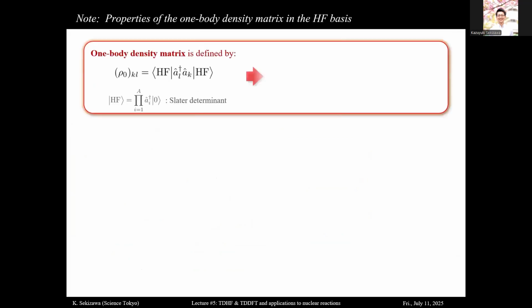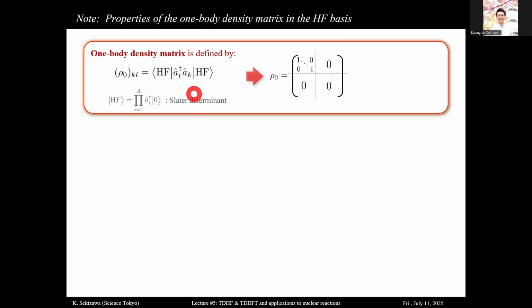Using the property of the one-body density matrix in the Hartree-Fock theory, we can manipulate the equations nicely. Here I just remind you of the definition of the one-body density matrix.